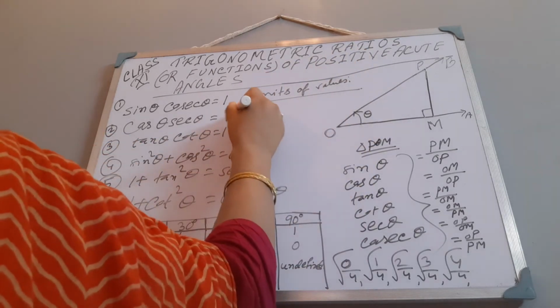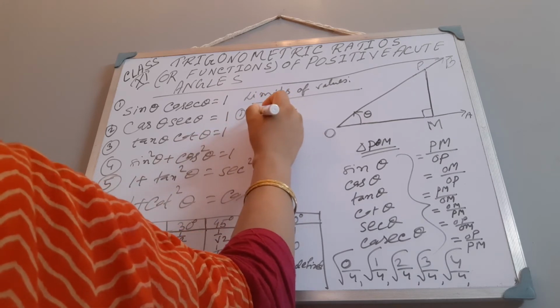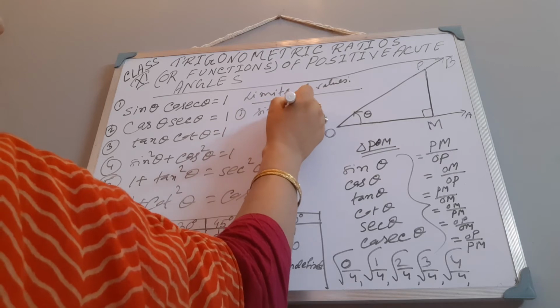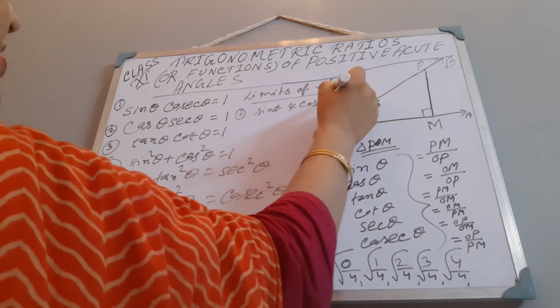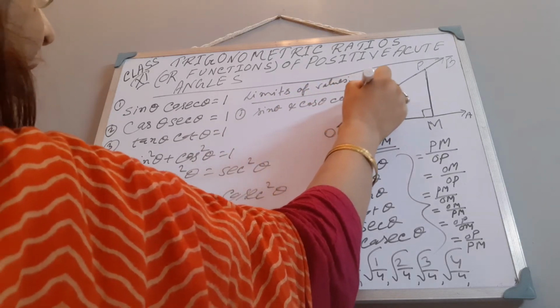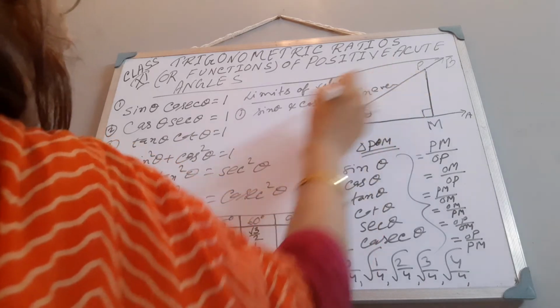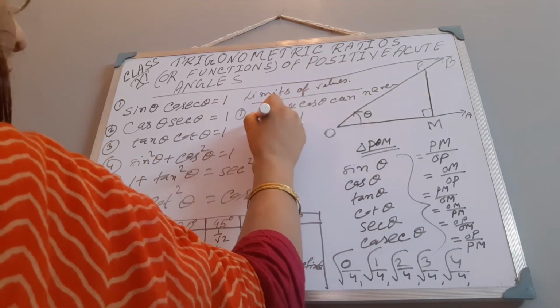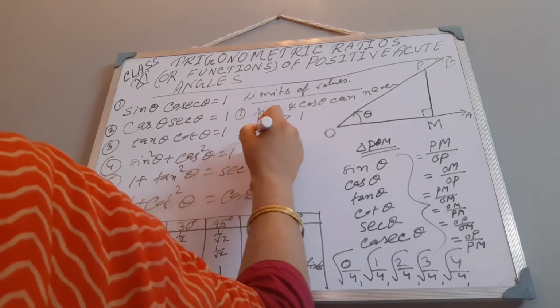Okay, number 1. Sin theta and cos theta can never be greater than 1. Okay. Number 2.